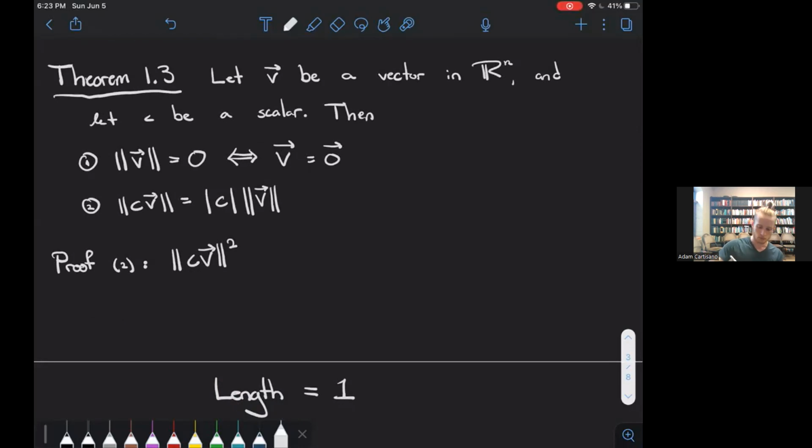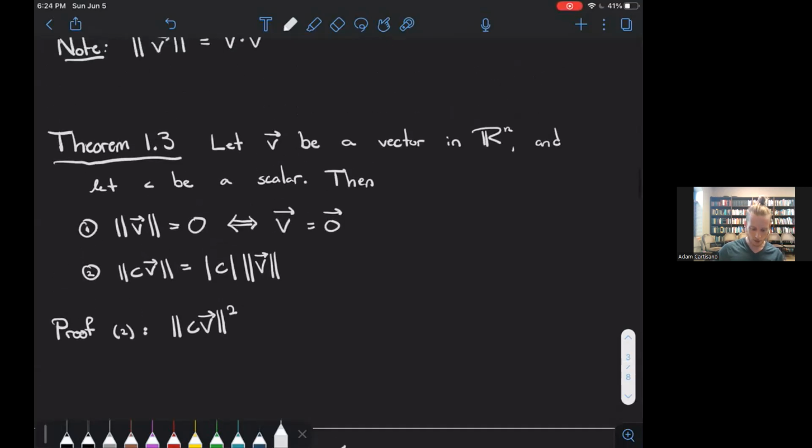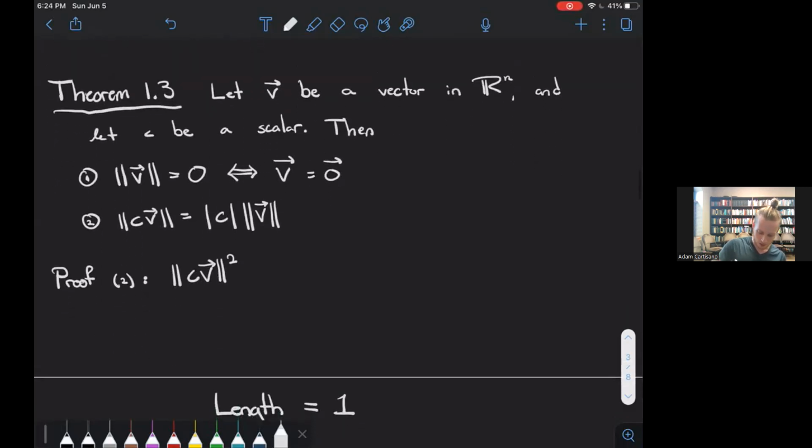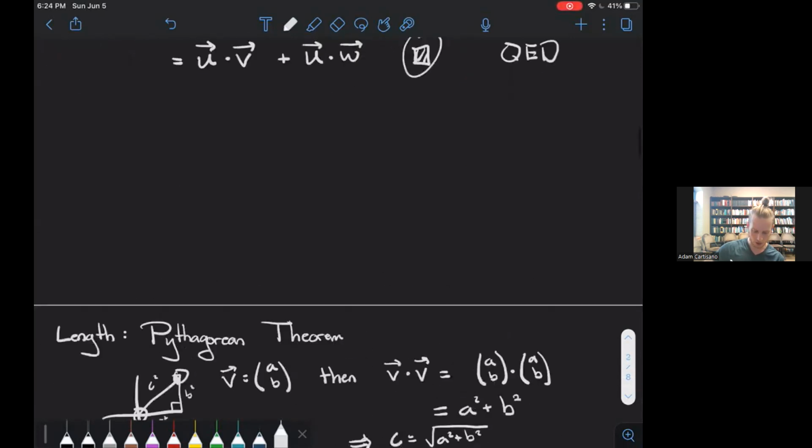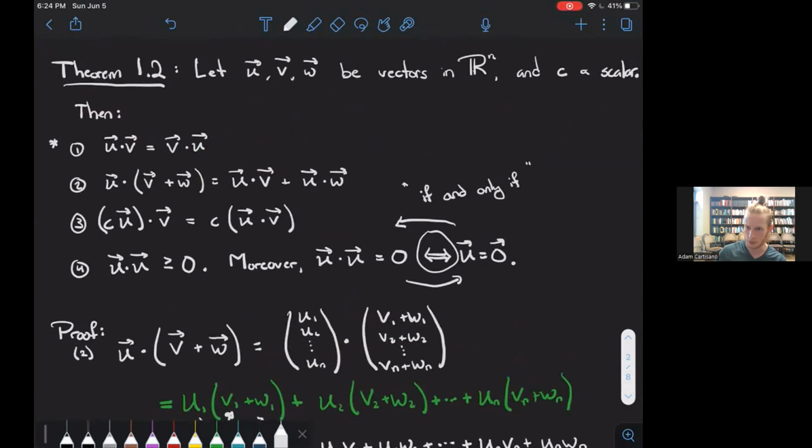When you do that, well, because it's a vector, the square of its norm by our observation is just the vector CV dot itself. Right? So by, let's see, property, I'm not going to remember the number, so I'm going to scroll up and look. This is common practice, by the way.